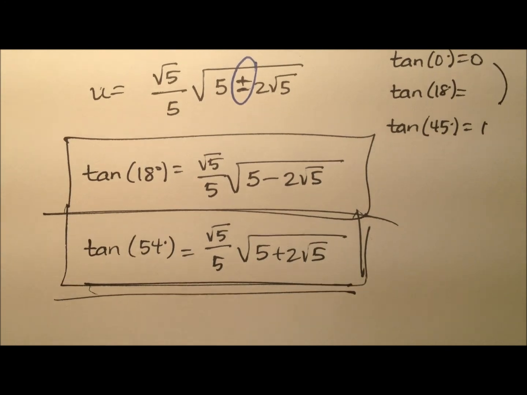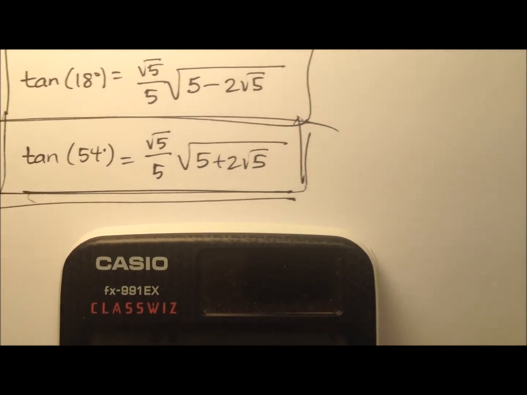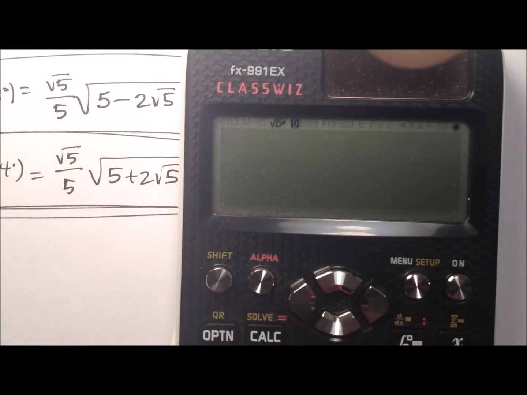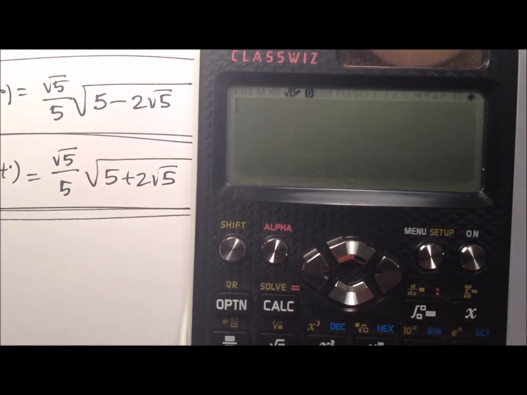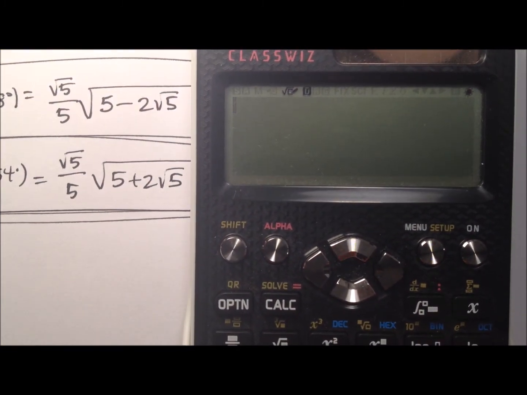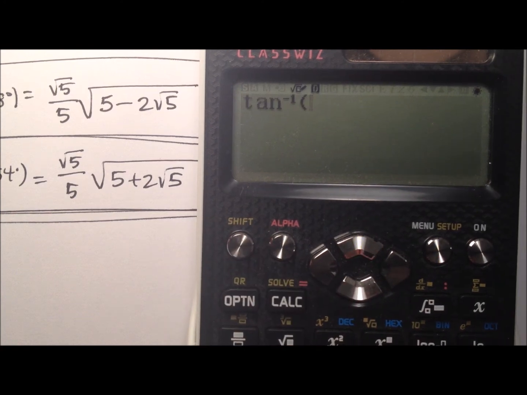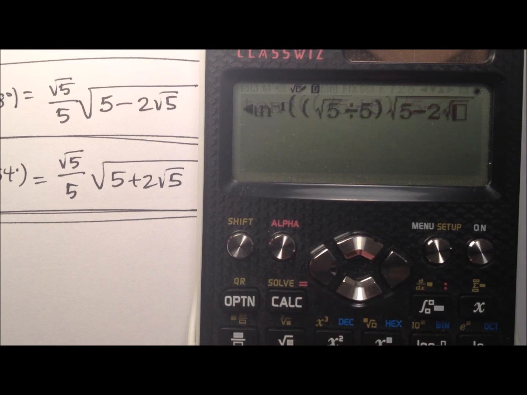Okay, so here is our calculator. We'll move things over a tad here so we have some room to work. And so let's go ahead and do that first one. We'll do inverse tangent and we'll put that expression in there. So we have the square root of 5 divided by 5. And we're going to multiply that by that square root expression, and we have it right there.